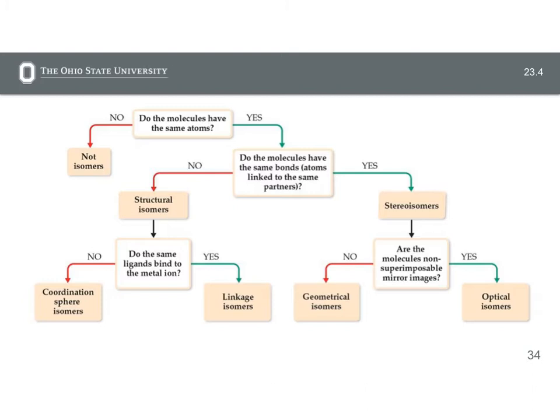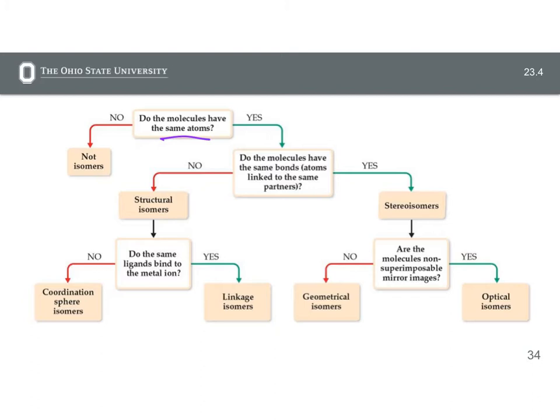So your textbook has a nice flow chart for determining the type of isomer if you're given a molecule or a complex to look at. The first question you would ask yourself is, do the two different molecules have the same atoms?